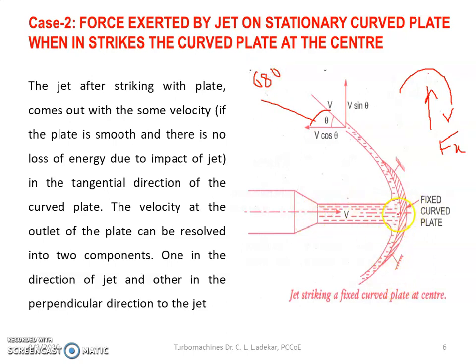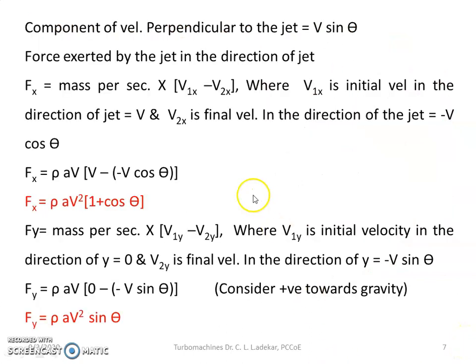When it strikes at the center and comes out, it is resolved into two components, the cos component and the sine component. The velocity in this direction is v, and in the same direction the outlet component is minus v cos theta. The component of velocity perpendicular to the jet is v sin theta.